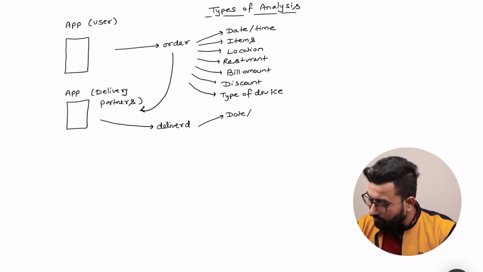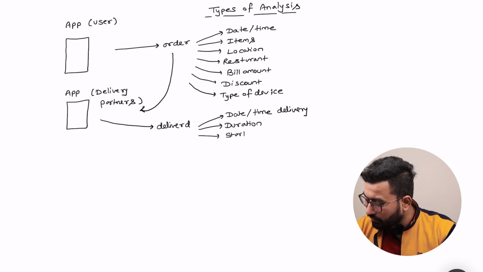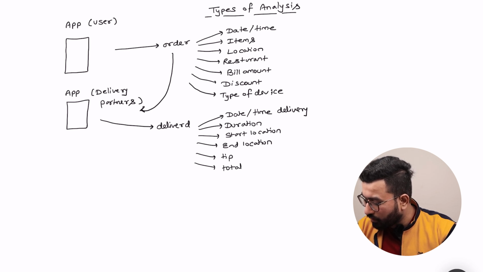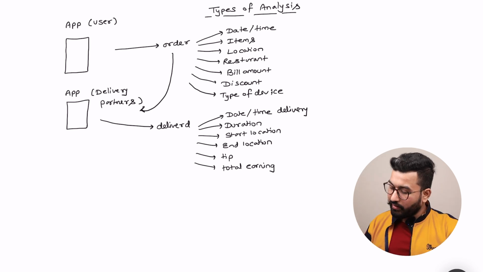Again, date and time of delivery, duration it took to deliver, the start location and the end location, maybe the tip amount and the total earning from this particular delivery.